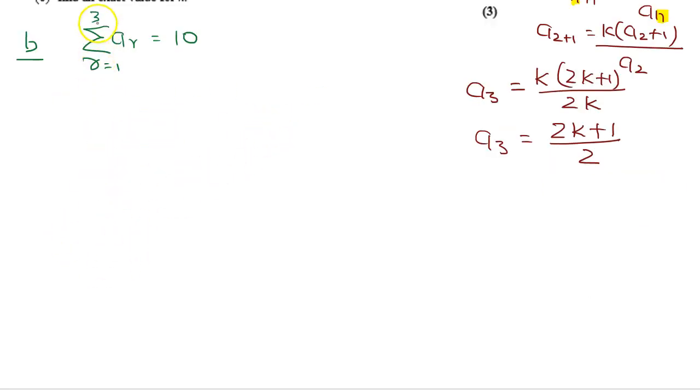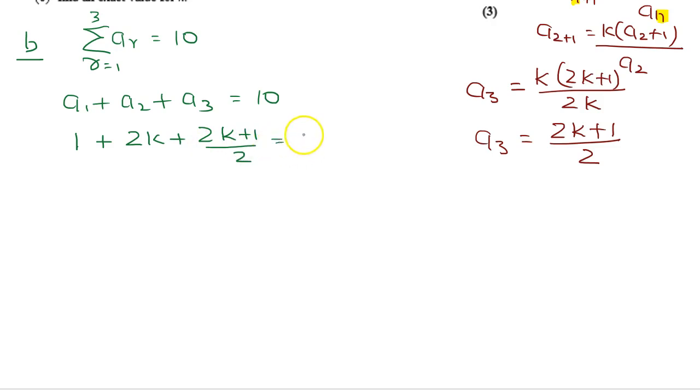So we have a1 plus a2 plus a3, from 1 to 3 only, is equal to 10. We have the value of a1 is 1, a2 is 2k, and a3 is (2k plus 1) over 2, is equal to 10.